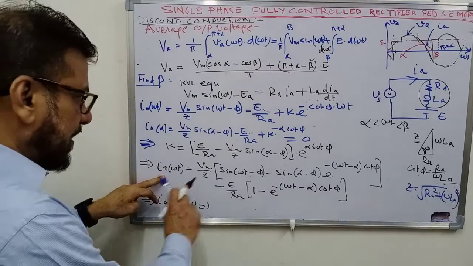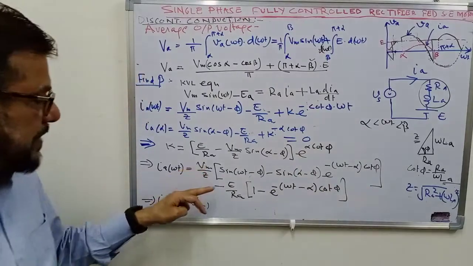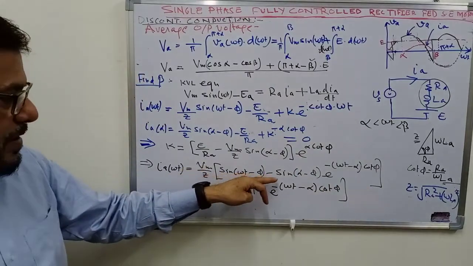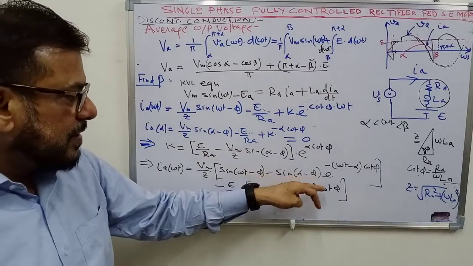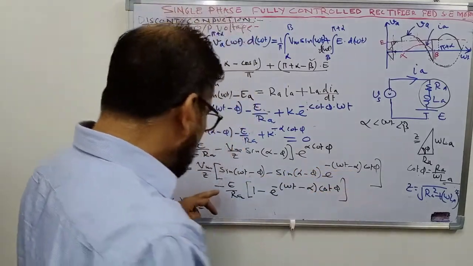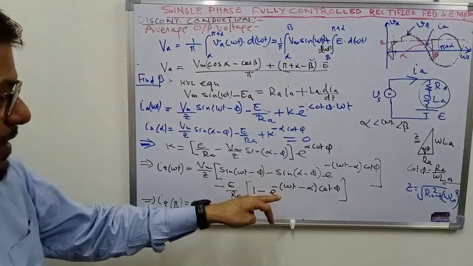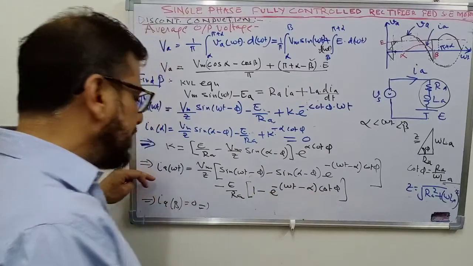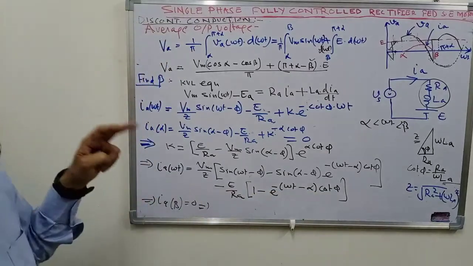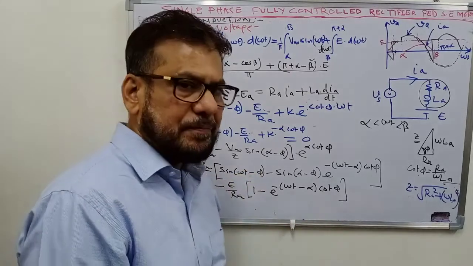So you can obtain this equation: Vm by Z sin omega t minus phi minus sin alpha minus phi e to the power minus omega t minus alpha cot phi, minus E upon Ra 1 minus e to the power minus omega t minus alpha into cot phi. So this is the final equation of Ia in terms of omega t and phi and alpha.